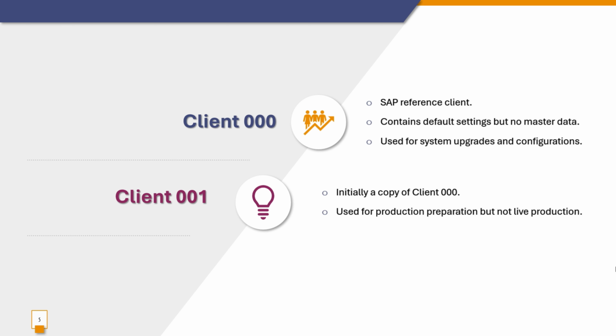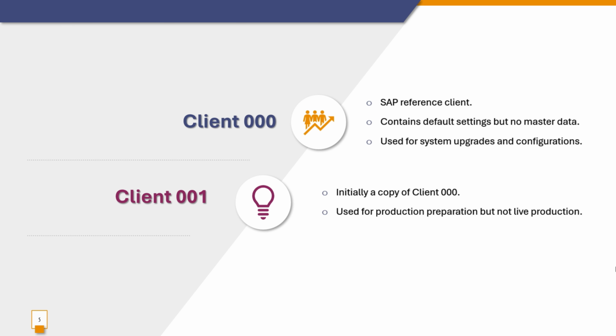Let me give you some examples to make this easier to understand. Imagine a car manufacturing company. Here in this example, I'm just taking three clients: client 100, client 200, and client 300. Client 100 is a development environment where the engineers design and test new car features.